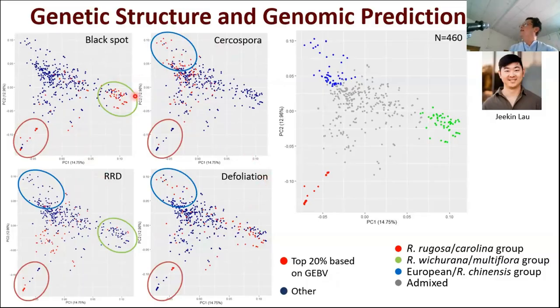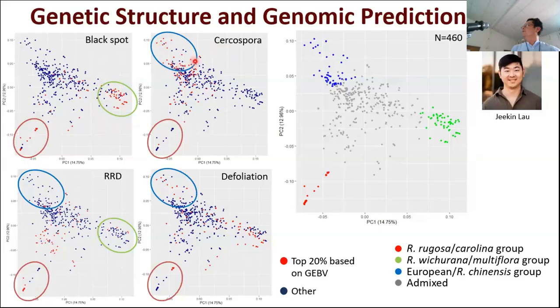I've put circles around the dots that belong to those three populations on the right, and it's basically the same story that Dave told us about. For black spot, there are materials with lots of resistance in the Rugosa Carolina group and the Wichuraiana multiflora group.